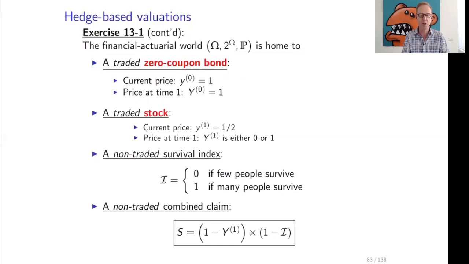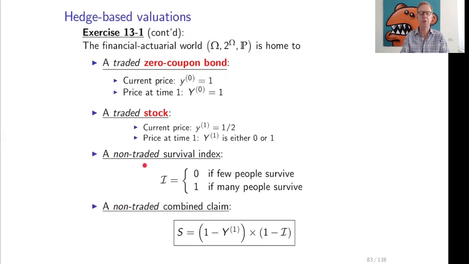There is also a stock which is traded at the current price of 1 over 2, and its price at time 1 can be either 0 or 1. The claims that are denoted in red always will be the traded claims. So the other claims that we consider now are non-traded claims.